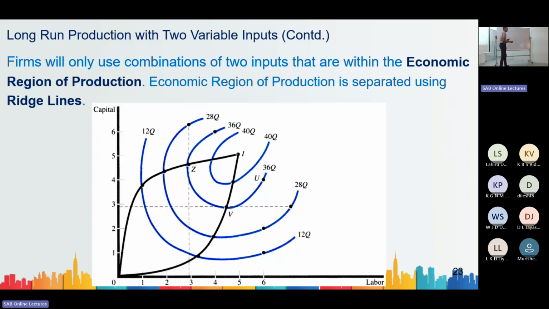Economic region of production is where a rational producer operates in the long run.